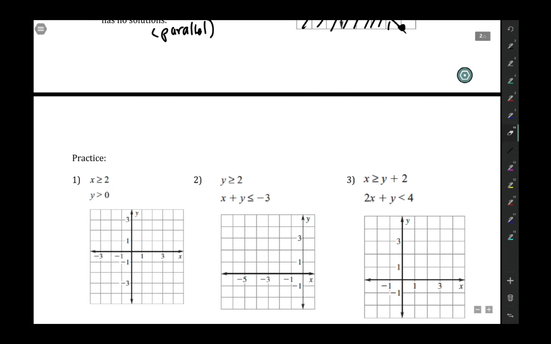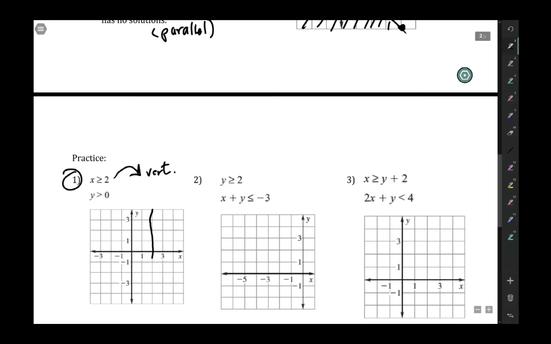Okay, just another example or two here I want to look at. On this practice side, one key thing, don't forget, a lot of times students see these and they forget. X is greater than or equal to 2, that's a vertical line. So at 2, vertical line, solid, and I want everything greater than it, so everything to the right.